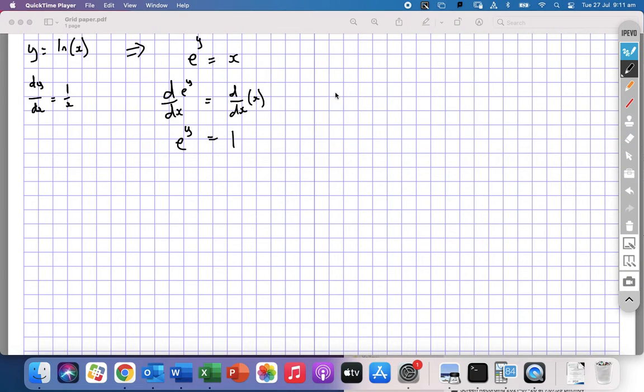So normally if I had, I don't know, y equals e to the 3x or something, and I found its derivative, I'd say derivative of e is itself, and then I'd go to the inside of the function, right? So I'd treat it as a chain, and I'd multiply by 3.